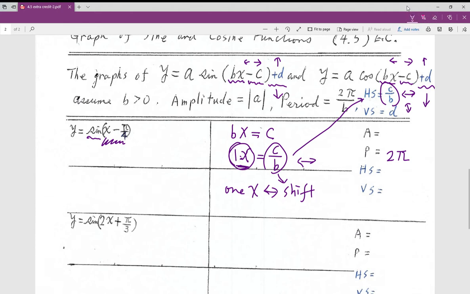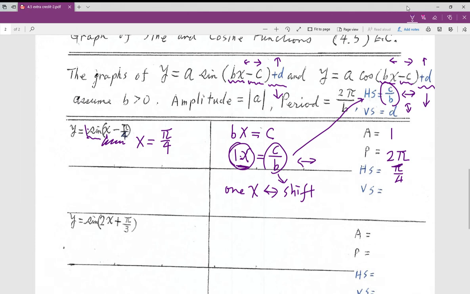And this 1 multiplies sine, so the amplitude is always 1. That's no change. And the horizontal shift is for 1x. So x equals pi over 4, that's the shift, positive pi over 4, not negative.